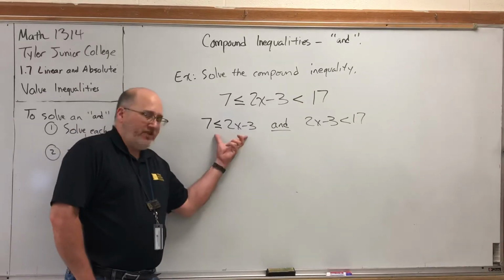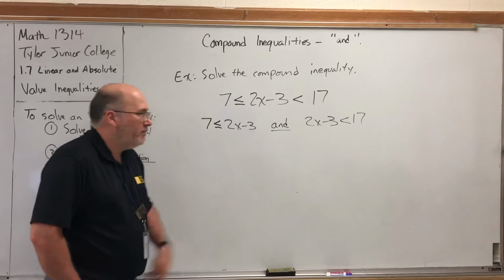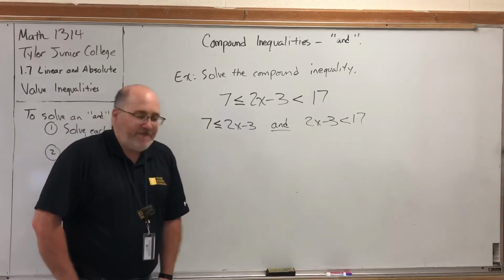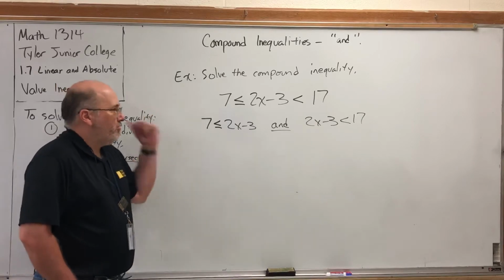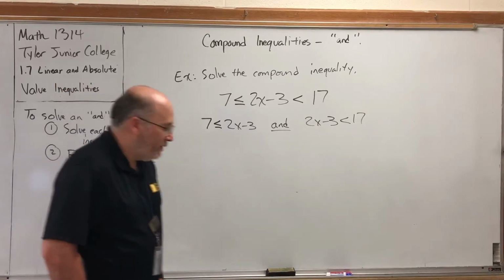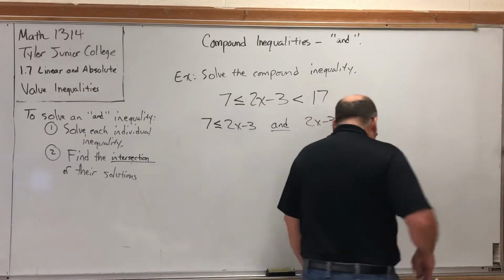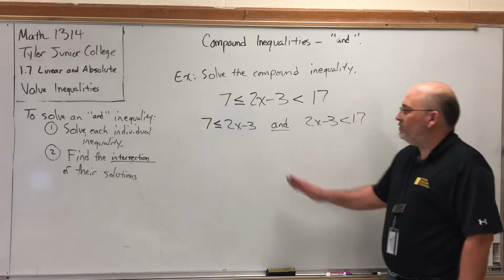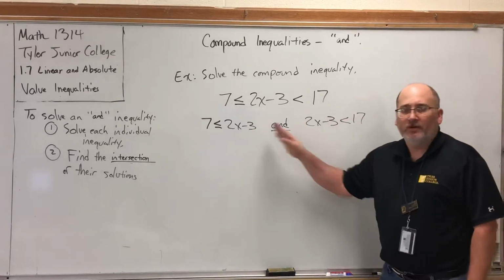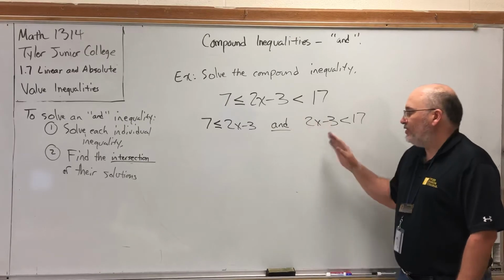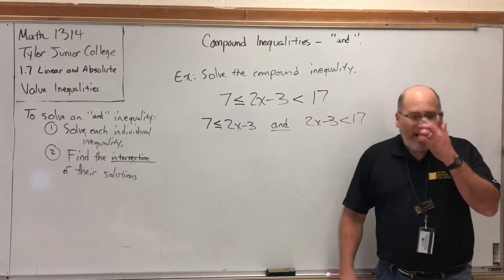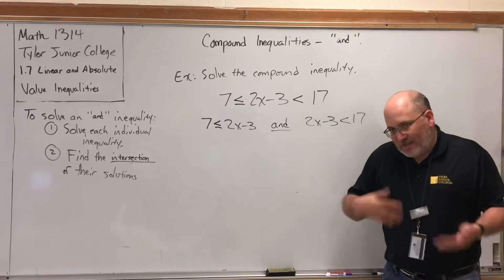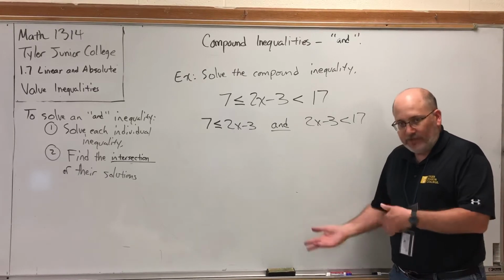Be careful solving this one since the x is on the right. Solve each one, find the intersection of their solutions, and that would be the solution to the original compound inequality. But think about the moves you would do to solve both of these. Since both x's are dressed up the same way, 2x minus 3, 2x minus 3, I would be performing the exact same moves on both sides of both inequalities.